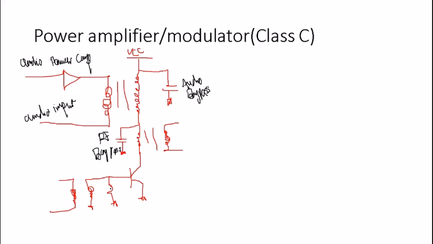Now, since we are all familiarized with the circuit and its components, we're going to start by assuming that the signal coming after this audio power amplifier is equal to EM cosine omega m of t.